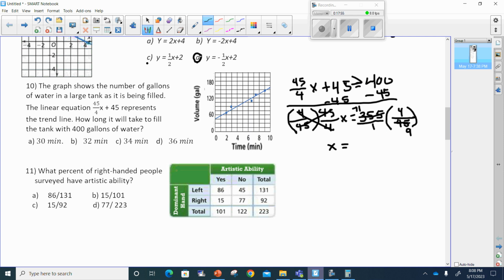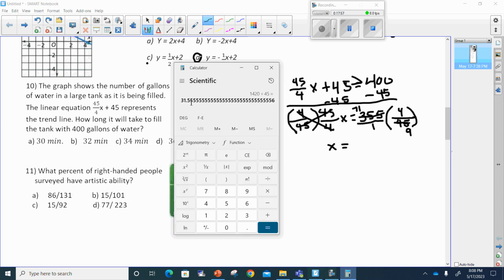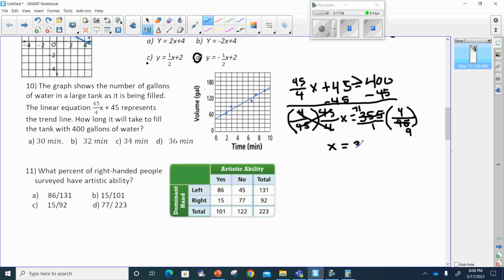And we came up with, and I'm just going to double check this, it was 31.5 repeating, right? So we said it had to be this way. I didn't see a negative sign to change my sign around, which means it has to be bigger than 31. So I'm going to go with B, has to be 32 minutes.